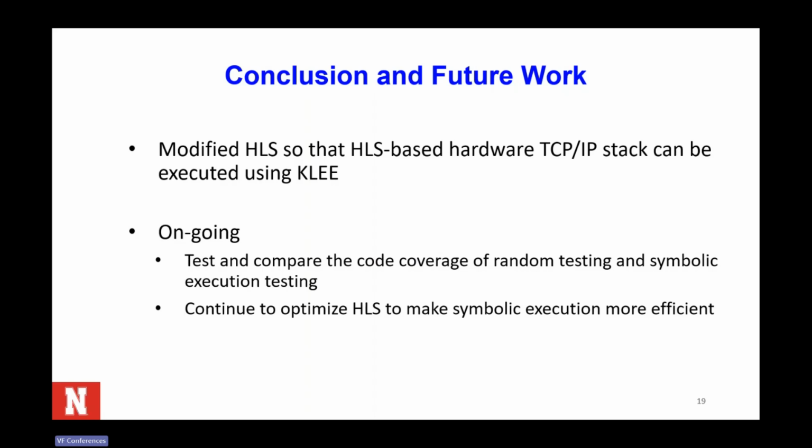And the next step, we want to test the whole project source coverage, because this hardware TCP stack is a little bit big. We test all the functions, and it spends a long time. And the last one, we need to optimize the symbolic execution, because the symbolic execution needs to spend a lot of time and a lot of memory.